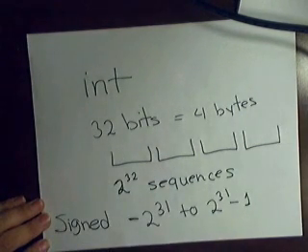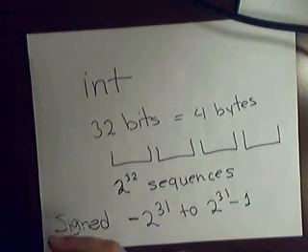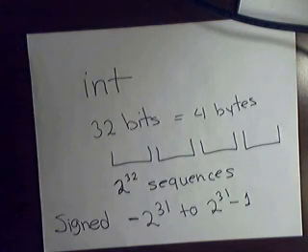And this is negative. Well, now, how many sequences of 32 bits actually? What's the range of integers that we can represent if we go unsigned?